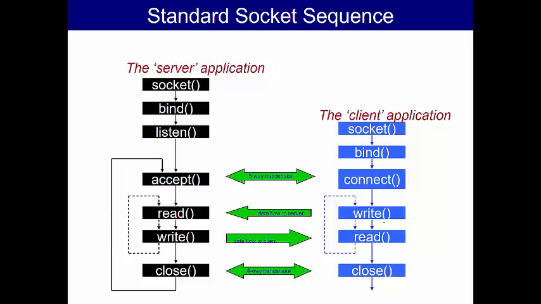So in real programming, this is what we are going to do. We can build the server application and the client application. The server application needs to rely more on system calls.